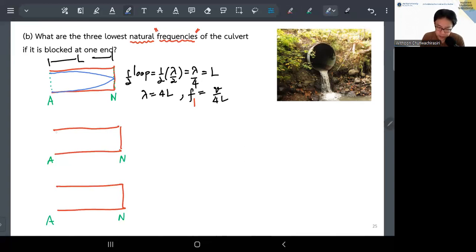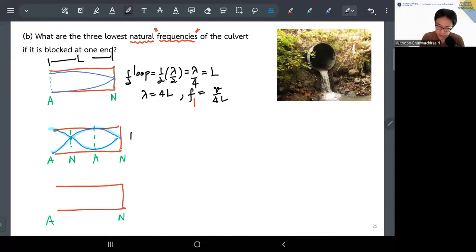What are the higher frequencies possible? Just give it one more twist. With that, I introduce an extra antinode and an extra node here, which is fine. What you see now is one full loop with half of a loop, so it's 1.5 loops.